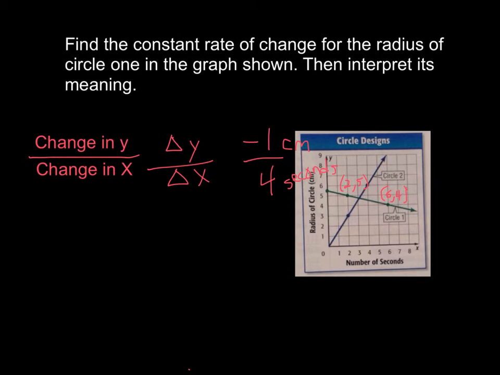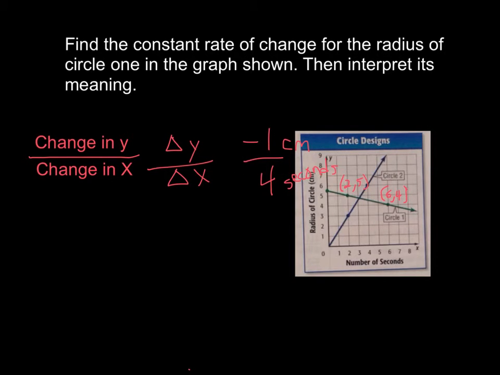So now we just interpret what this negative 1 over 4, the rate of change, means. And we can see the y-axis was the radius of the circle in centimeters, and the x-axis was the number of seconds. So what that means is the radius of the circle decreased by 1 centimeter every 4 seconds.